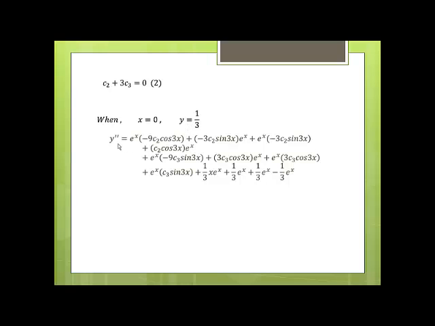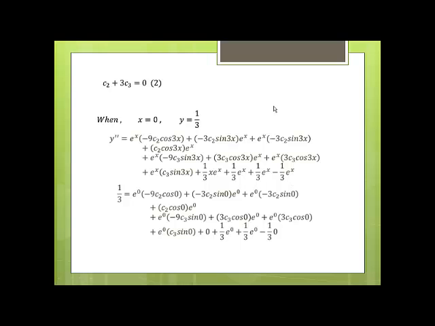So we have y double prime is equal to e^x times negative 9c2 cos 3x plus negative 3c2 sin 3x times e raised to the power of x, plus e to the power of x times negative 3c2 sin 3x plus c2 cos 3x, plus e raised to the power of x times negative 9c3 sin 3x plus 3c3 cos 3x, plus e raised to the power of x 3c3 cos 3x plus e raised to the power of x times c3 sin 3x plus 1/3 x e raised to the power of x plus 1/3 e raised to the power of x plus 1/3 e raised to the power of x minus 1/3 e raised to the power of x.